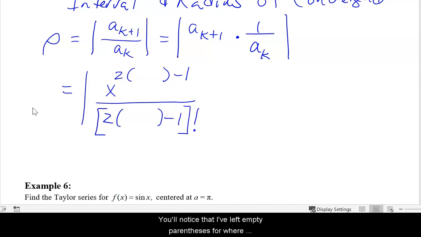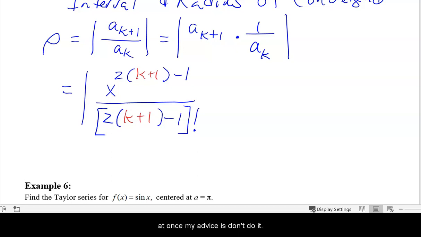You'll notice that I've left empty parentheses for where the k plus 1 should go. This is an easier way of doing it so that you don't make an arithmetic mistake. I see all the time that students make arithmetic mistakes because they try to do too many steps at once. My advice is don't do it.